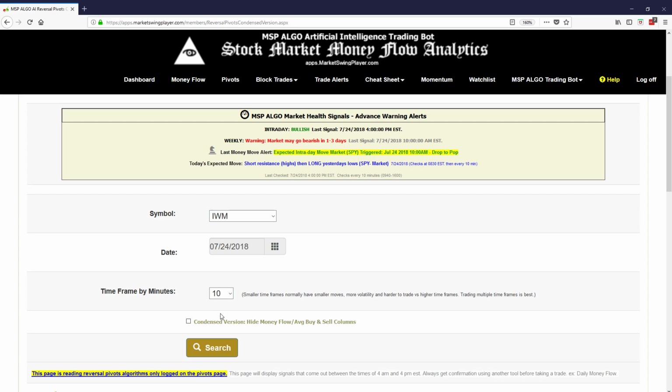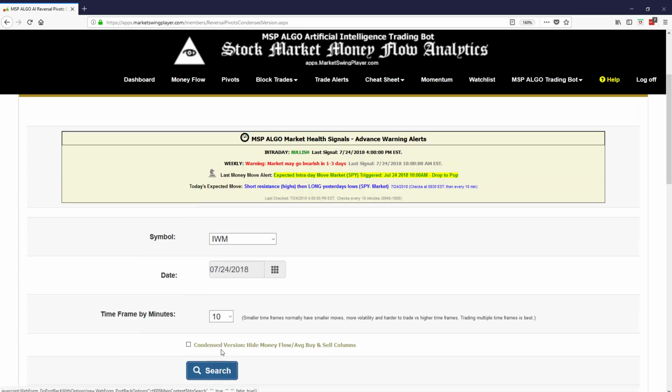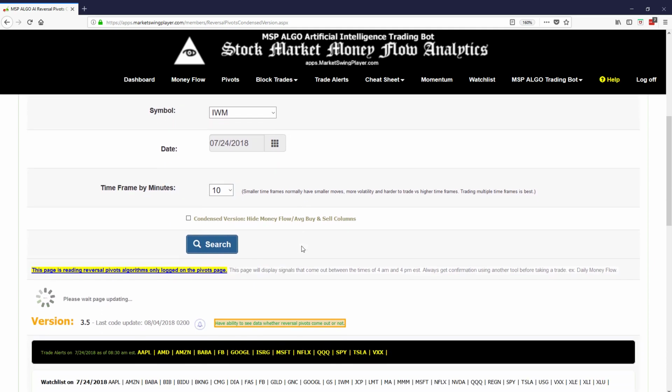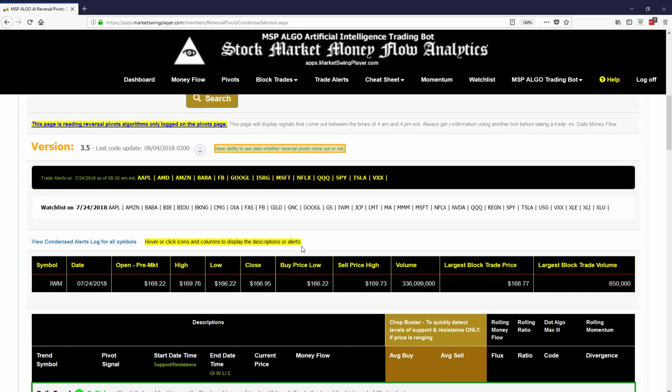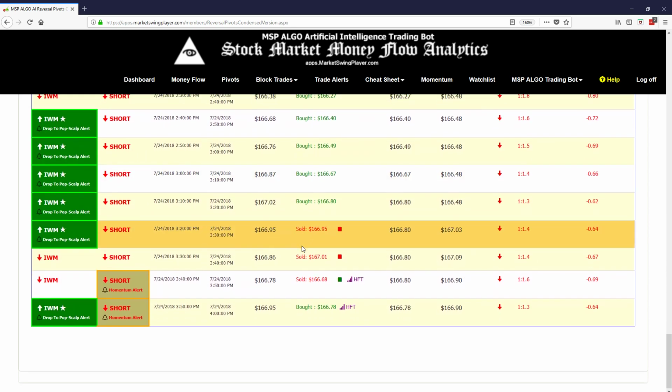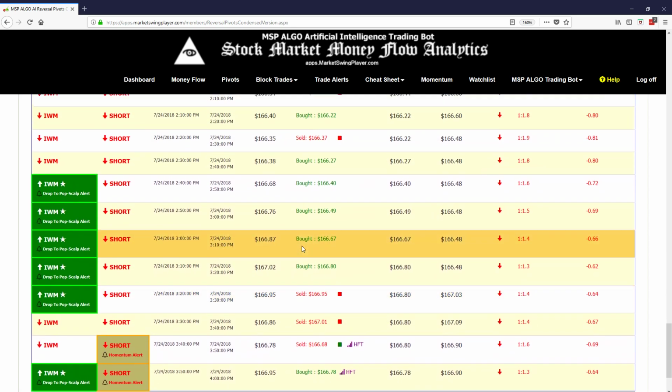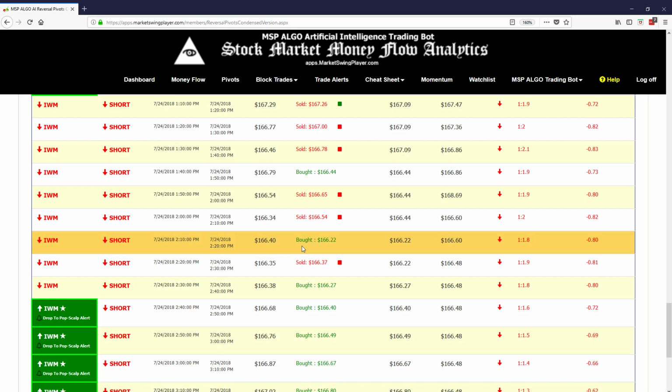So let's go look at the 10 minute, so we can gauge better since we're looking at the 10-minute visuals on the chart. We're going to look at that time frame to see exactly what's going on, because we saw them buy. So they actually bought between the 210 and the 220 here.